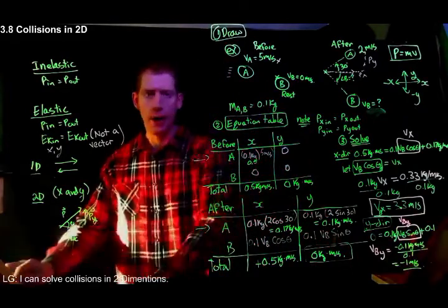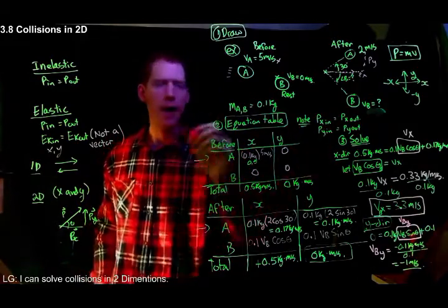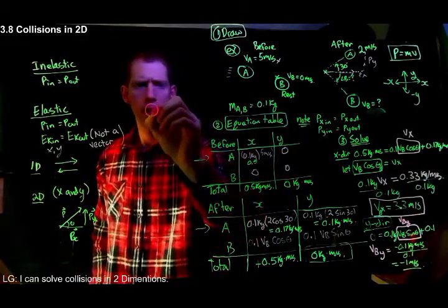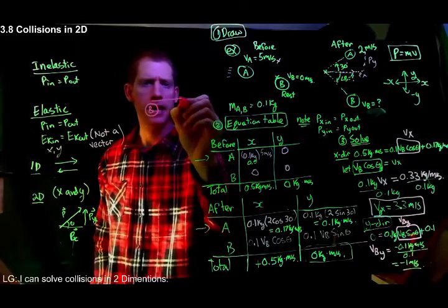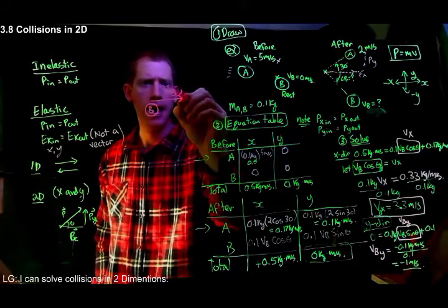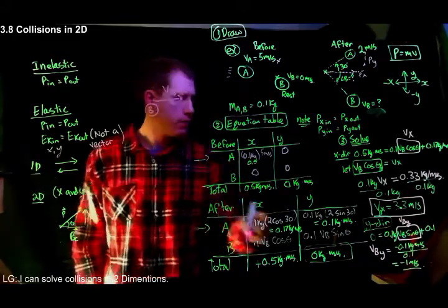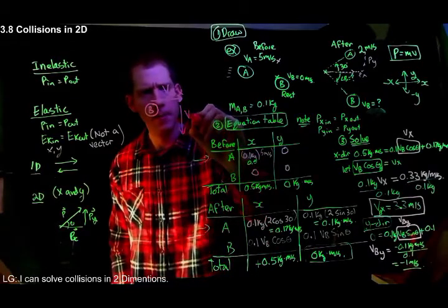So therefore, the conclusion is my puck is right here, puck B. We know now the speed in the x, VBX, and we know the speed in the y direction, VBY.